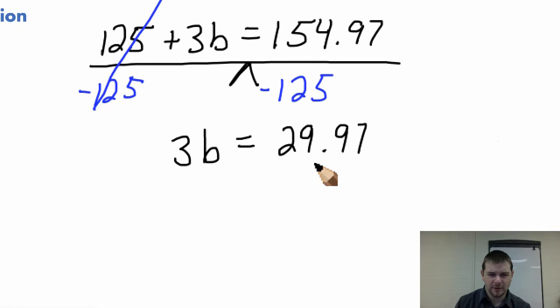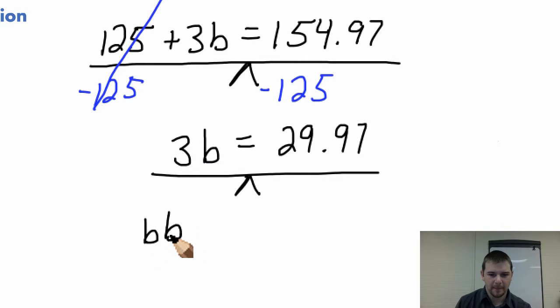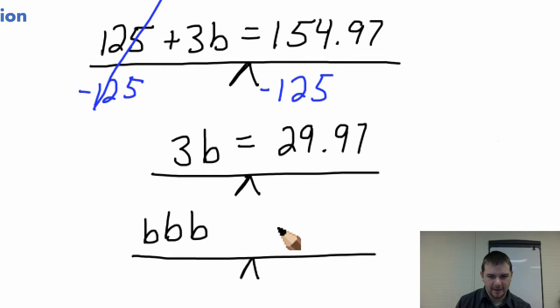So 3b equals 29.97. Now, thinking of the teeter-totter analogy, we still have balance. That's great. But instead of thinking of this as 3 times b, let's think of this as 3 b's on the left-hand side of the teeter-totter, 3 groups of something.